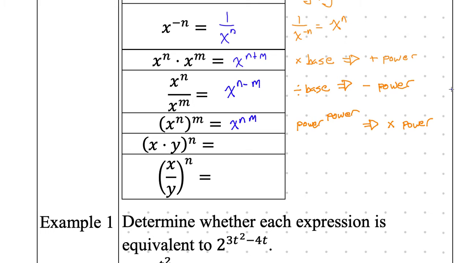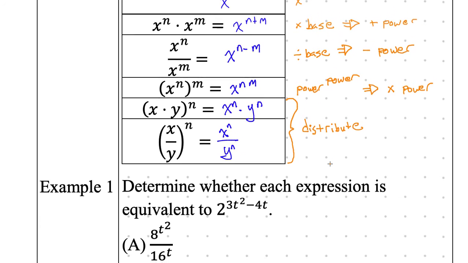And then both of these are distribution. You should be able to do these: x to the power of n times y to the power of n, and this is x to the power of n divided by y to the power of n. So both of these, I would just say, don't forget to distribute. Alright, so that's a good review.